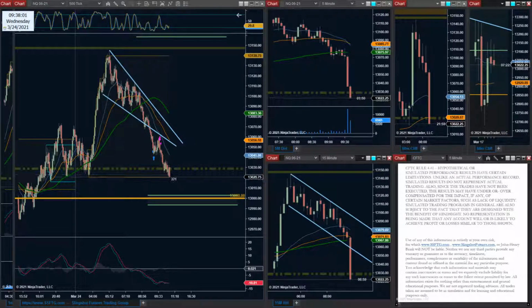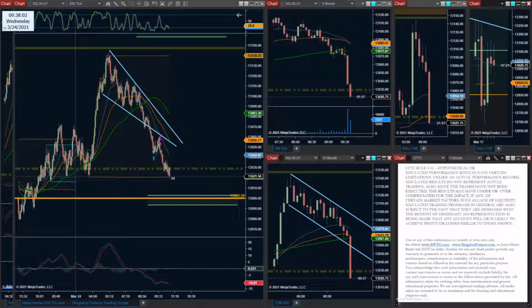Gold's still stuck in a wedge. Crude oil's back to the highs, I guess, kind of, sort of. NASDAQ's getting a little bit of a dip down.